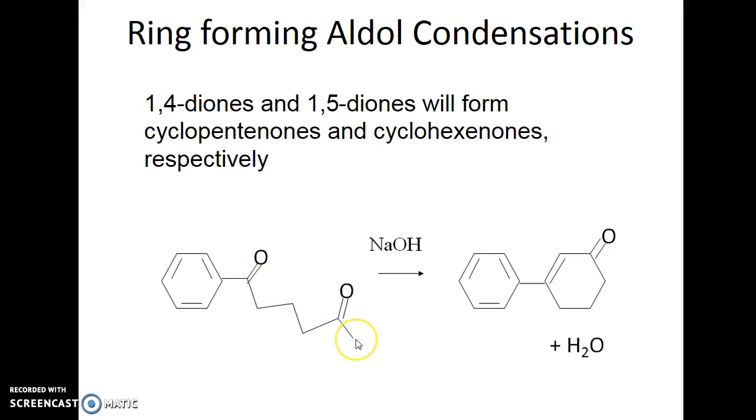If I deprotonate here and do nucleophilic attack here, how many atoms would be in the ring? 1, 2, 3, 4, 5, 6. So that would be highly favored. So if I deprotonate here, that means I'm going to be losing alcohol from this carbon. So this is going to be gone. So I chop that off and tack it on over here. And you can see that's the product that I have there.